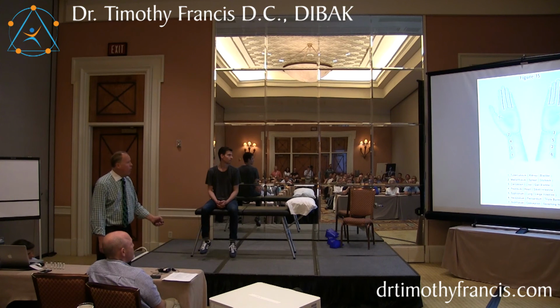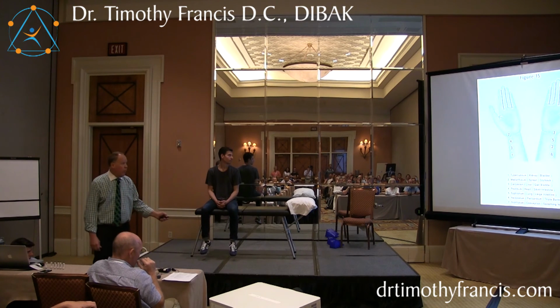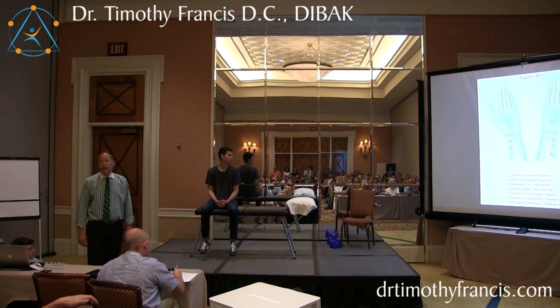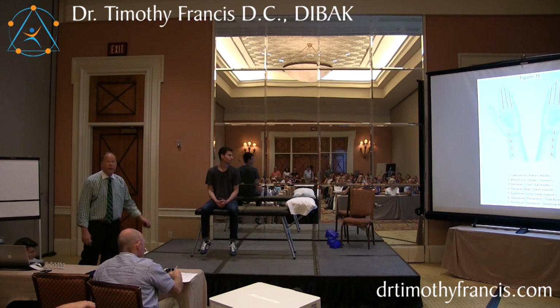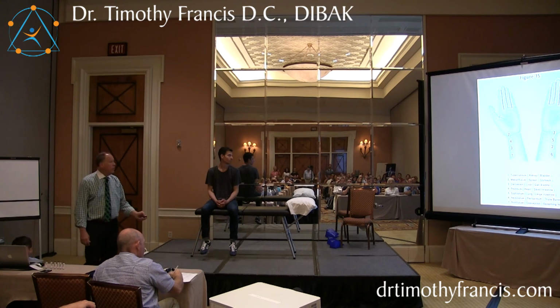So pulse point 1, that's tuberculinum, the miasm of exhaustion. Pulse point 2, what Dr. Rob has up here, that's medorrhinum, the miasm of excess. Pulse point 3 is carcinosinum, or maladaptation. Pulse point 4 is psorinum, the miasm of deficiency.